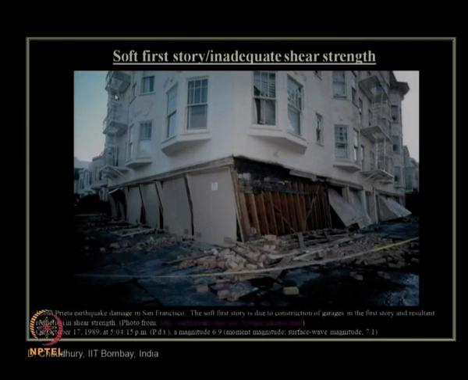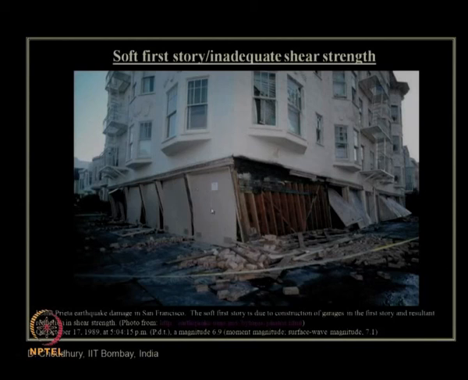This is another effect, of soft first story or inadequate shear strength. Generally in earthquake engineering, we say we must avoid the soft first story, that is, the ground floor that we generally use as an open basement.